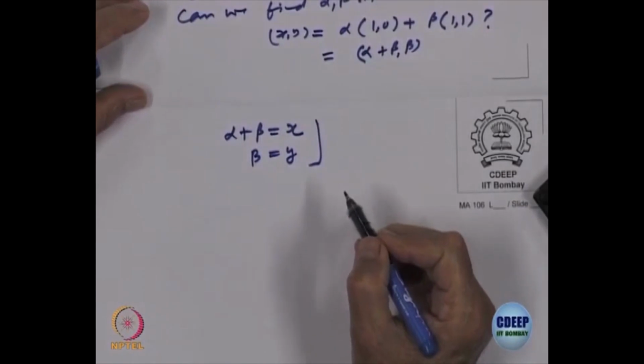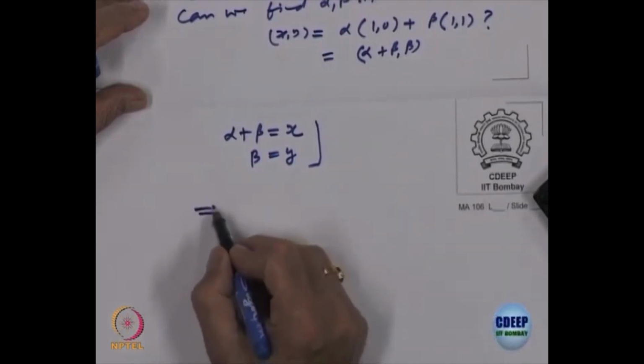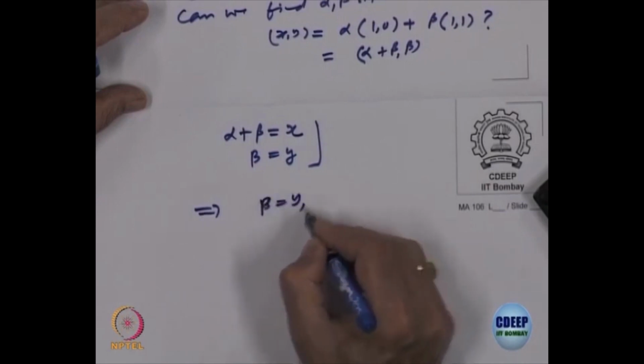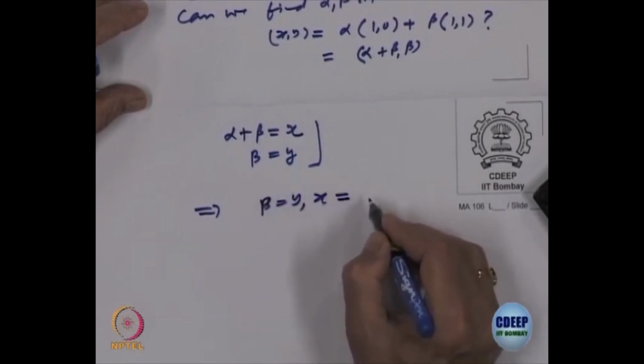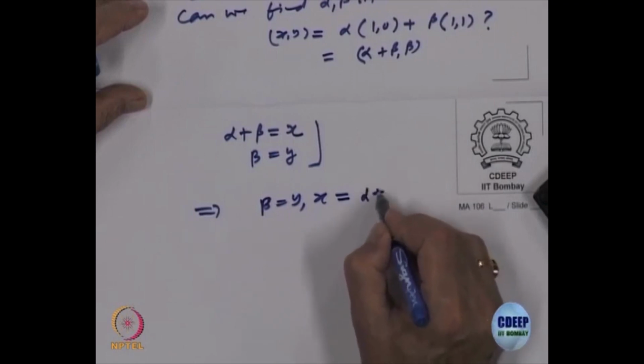What is given to you? x and y are given, that is the vector given to me. I want to find alpha and beta. So, beta is equal to y, and x is equal to alpha plus beta.